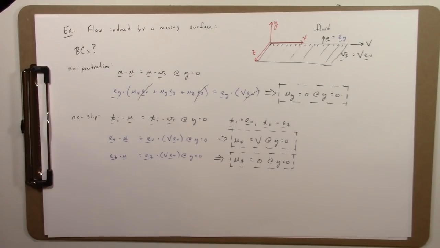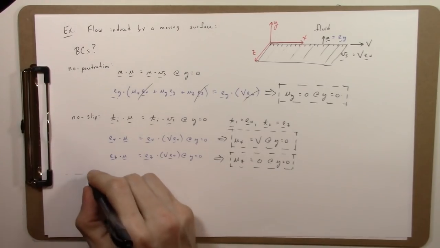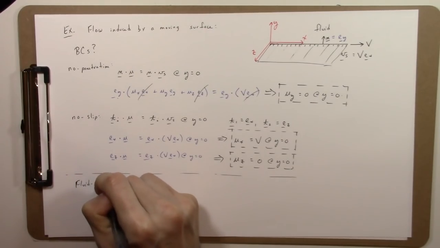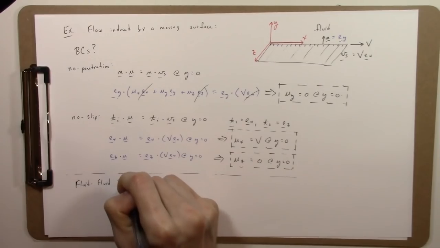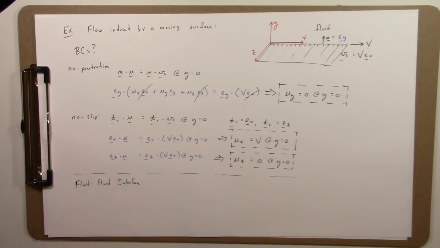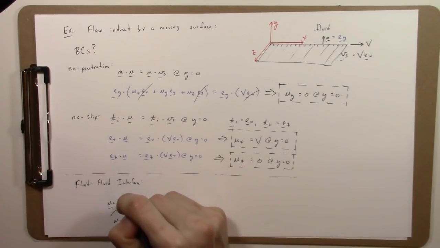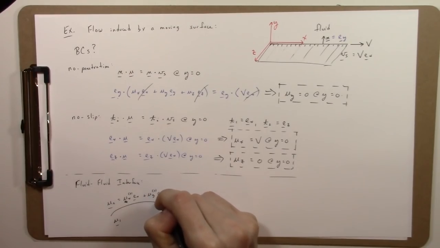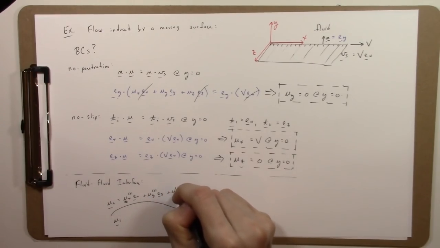At a fluid-fluid interface now, let's say we have some curved interface. We have U1 and we have U2. Let's say U2 in Cartesian coordinates is Ux2 EX plus Uy2 EY plus Uz2 EZ.